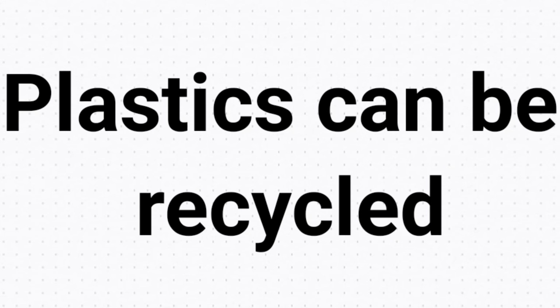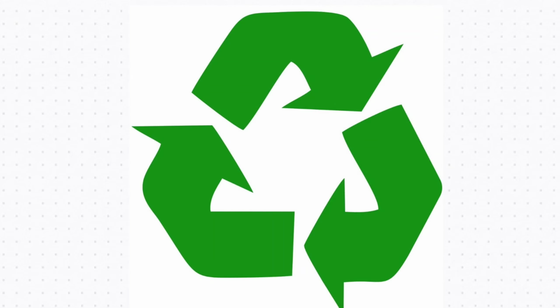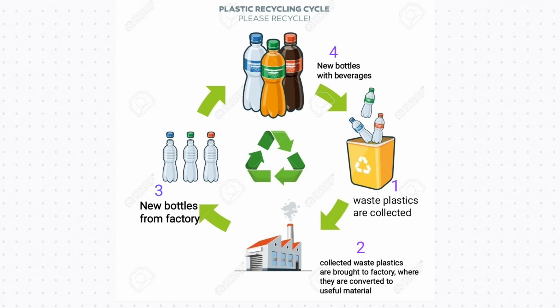Second point about plastic is that plastic can be recycled. You will be familiar with this symbol, right? That symbol represents recycle. You know what are the processes taking place in recycling. It is shown in the picture. First, waste plastic is collected.